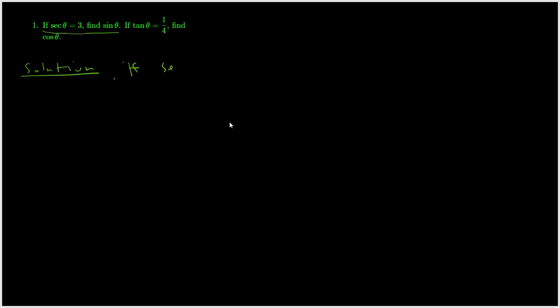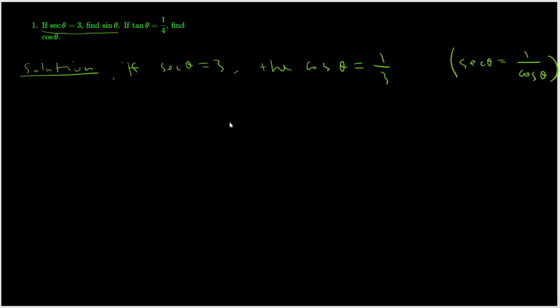If secant of theta is equal to 3, we are going to get cos first. Because secant is 1 over cos, the cos of theta is equal to 1/3. So that makes sense. If you want, I can write the identity for you: secant of theta is always 1 over cos of theta.